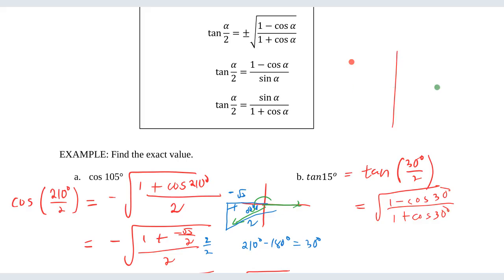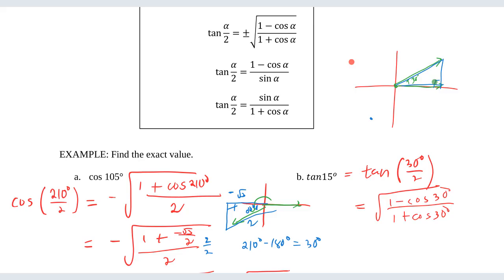Going back to the coordinates, we know that 30 degrees is in quadrant 1, and if it is in quadrant 1, then the reference angle is the same as the given angle.